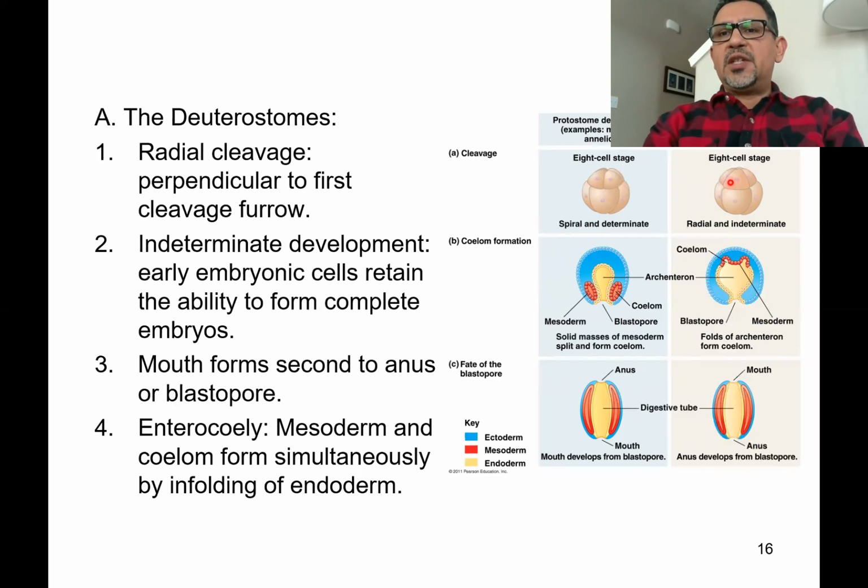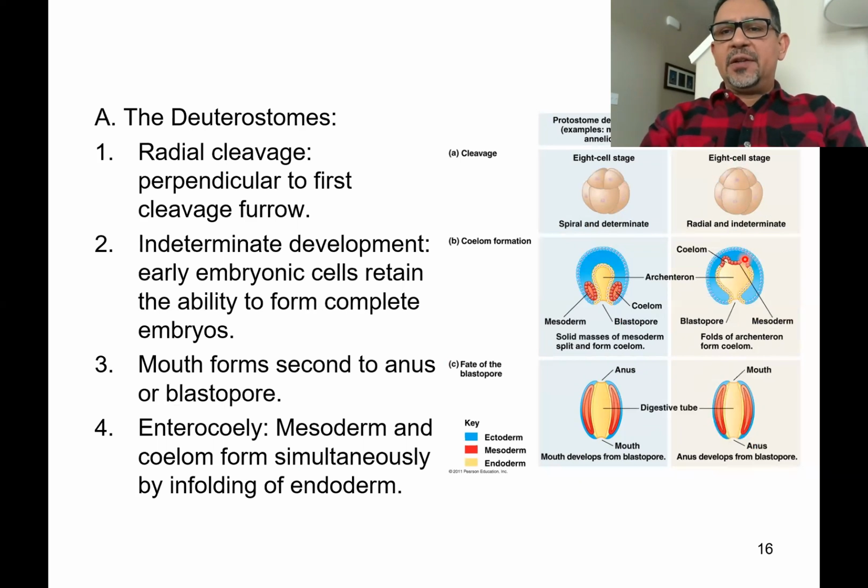And so if this was the previous plane of cleavage, notice how the next one is going to be perpendicular to the previous one. And this plane here is going to be parallel to this plane over here. That's called radial cleavage.